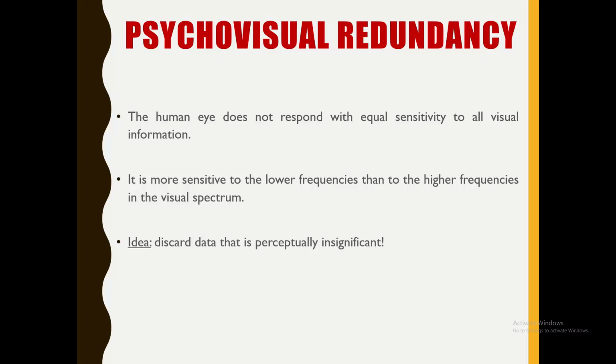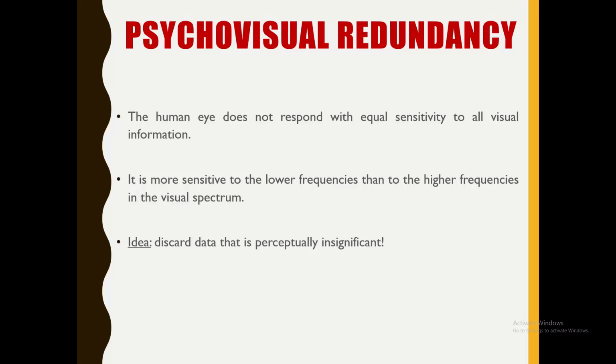The human eye is more sensitive to the lower frequencies than to the higher frequencies in the visual spectrum. So all the information to which the human eye is not sensitive can be eliminated without significantly impairing the quality of image perception.